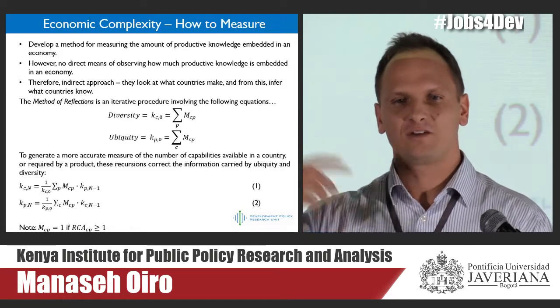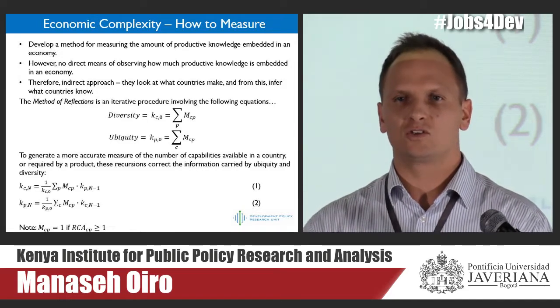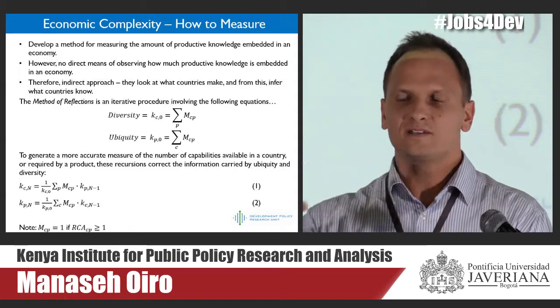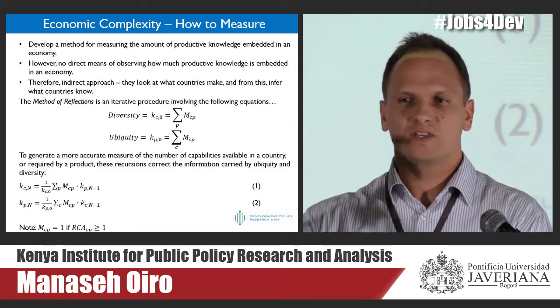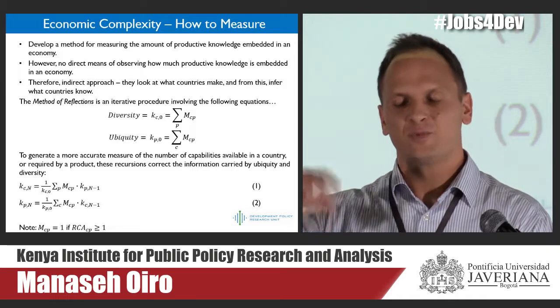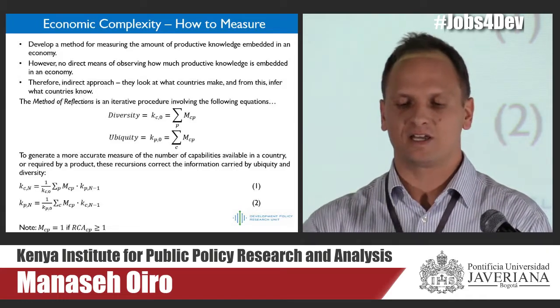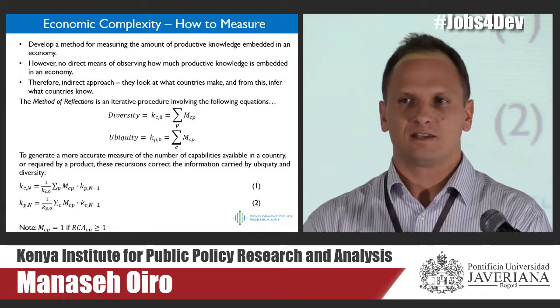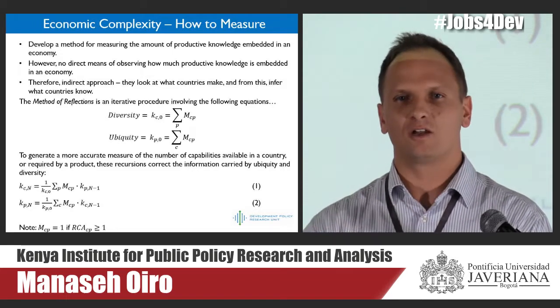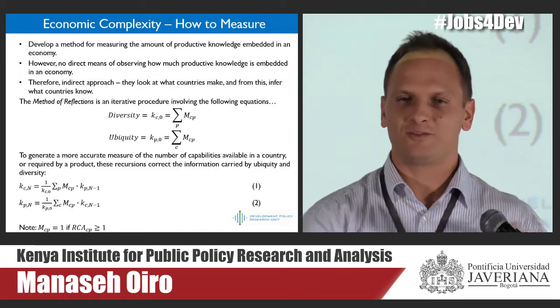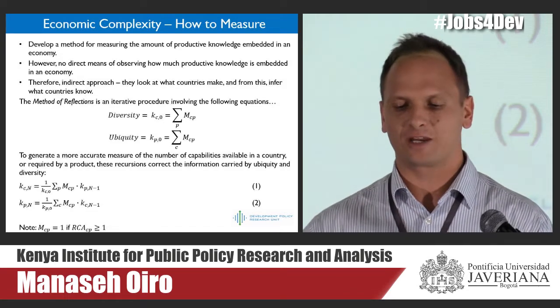You need to correct it with diversity information. So what you start doing there is you say, what is the diversity of the countries that produce and export diamonds? And you'll find that the diversity of those countries is quite low. Okay, so you use that diversity information to correct the ubiquity information.